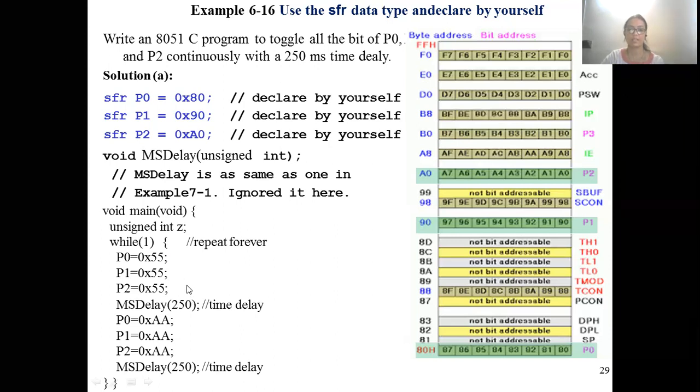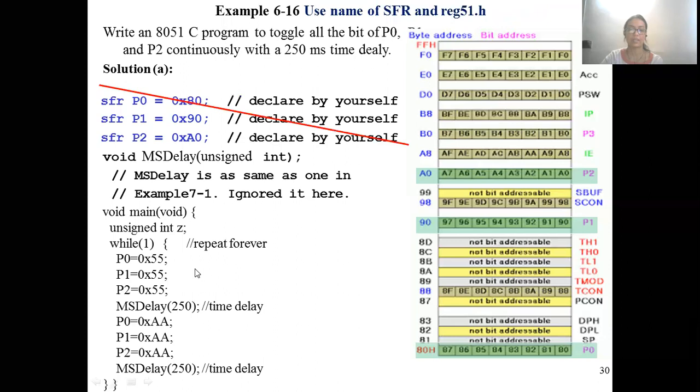So this is the way of accessing the SFR and then making it toggle the bits continuously by applying 250 milliseconds of time delay. Now instead of writing this much code, you can directly use this code, because the computer has already saved these locations as port 0, port 1 and port 2.